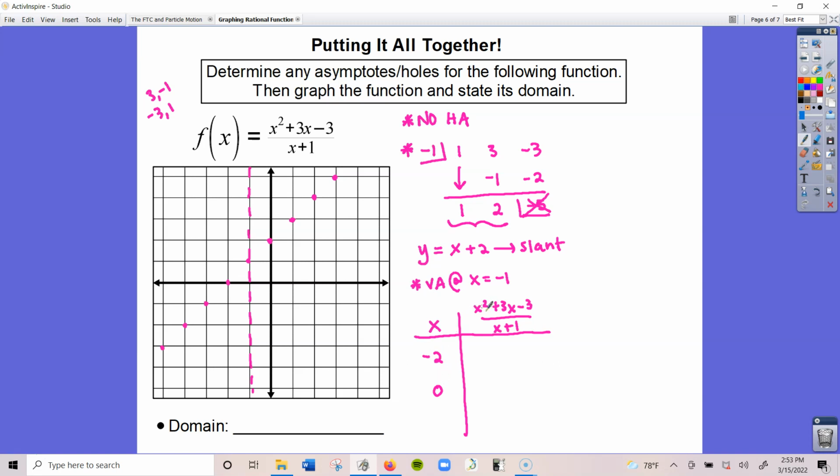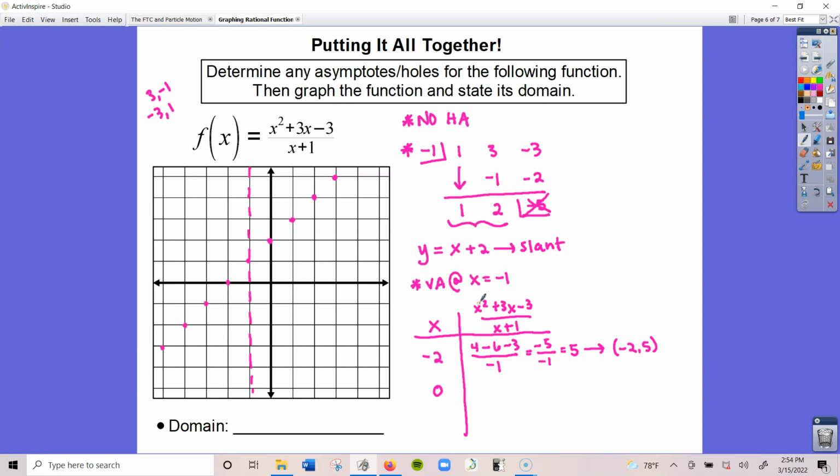If I plug in -2, -2 squared is 4, plus 3 times -2 is -6, minus 3 over -2 plus 1 is -1. 4 minus 6 is -2, minus 3 is -5, and -5 over -1 is 5. So I have a coordinate at -2, 5.